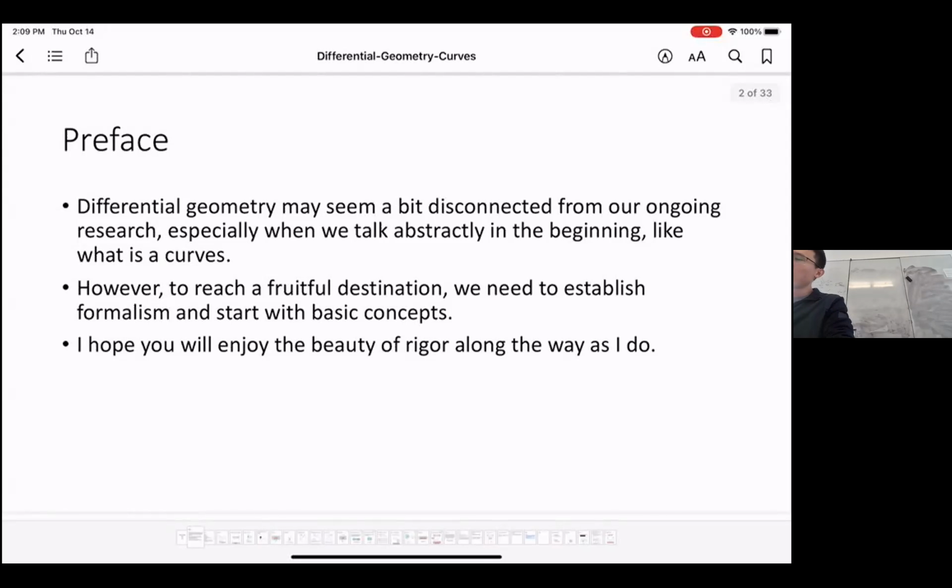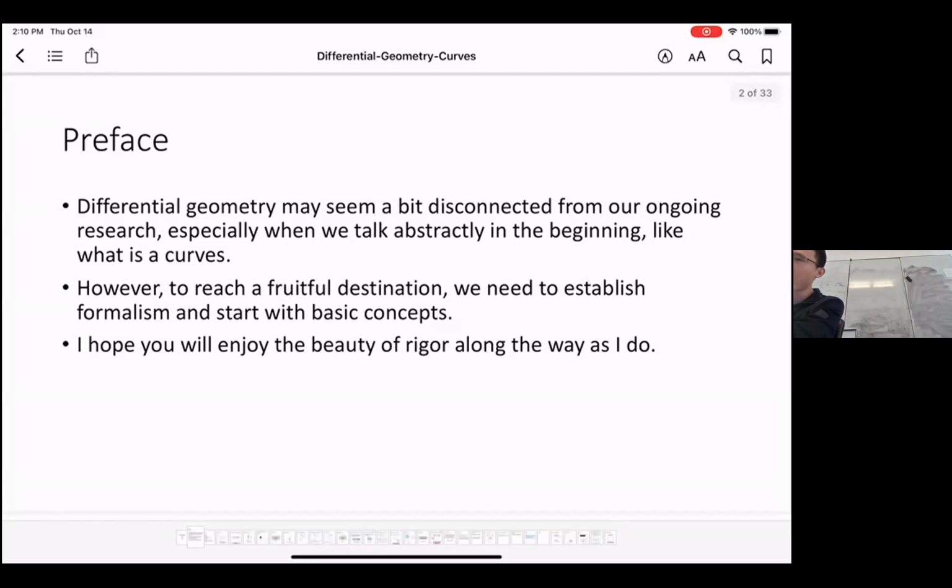However, in order for us to reach a fruitful destination, we need this kind of formalism. So we're going to start with very basic concepts. I hope you will enjoy the beauty of rigor along the way as I do.